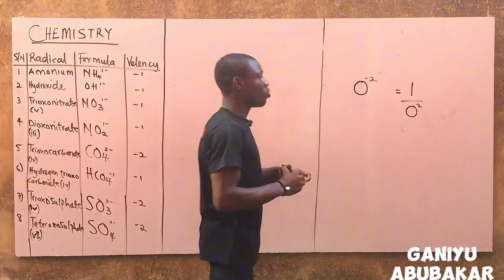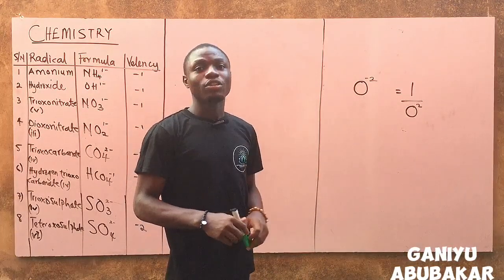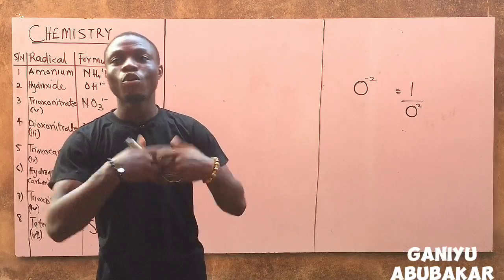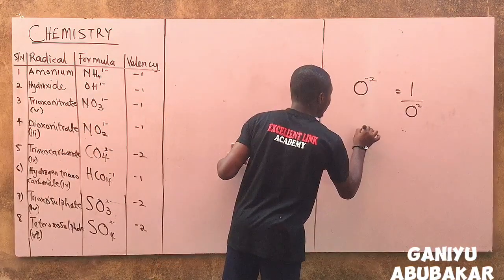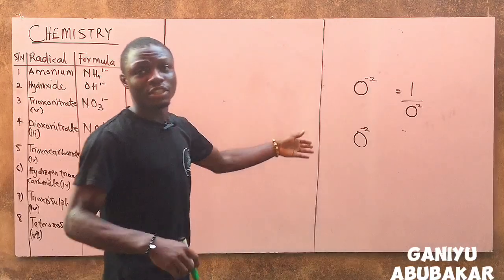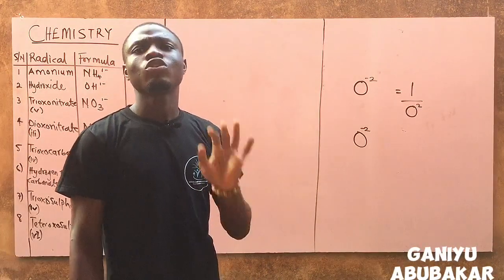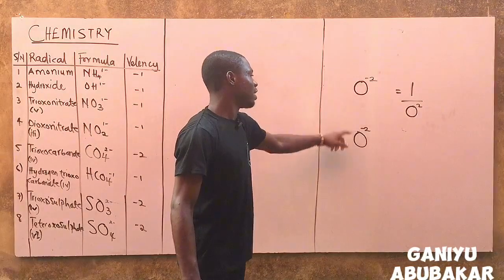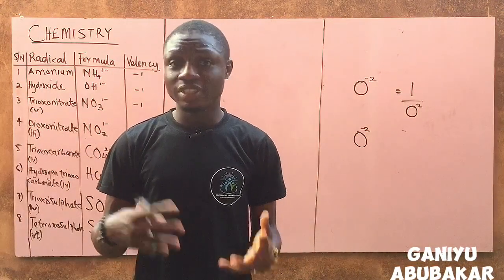This is what a mathematician is saying, indices, right? So let me call a chemist at random, right? Let me call a chemist, minus 2. If a chemist sees this one, it means what? Oxygen gaining 2 electrons.